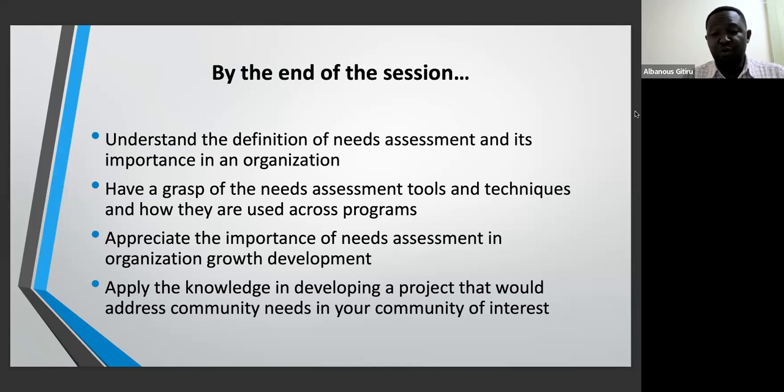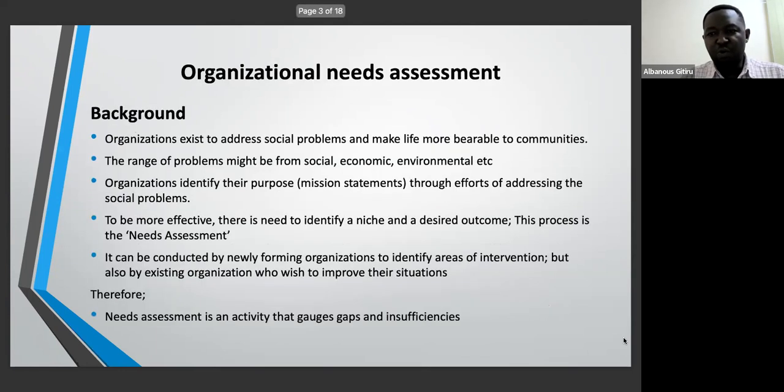At the same time, you'll appreciate the importance of needs assessment in organization growth and development. Lastly, you'll be able to apply the knowledge in developing a project that would address community needs in your community of interest. Next slide.